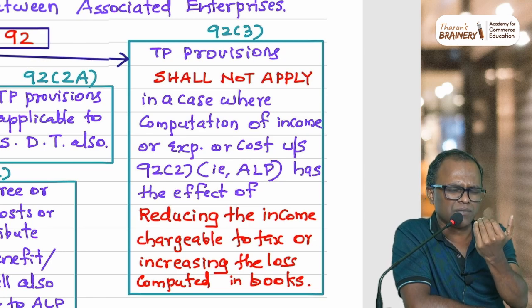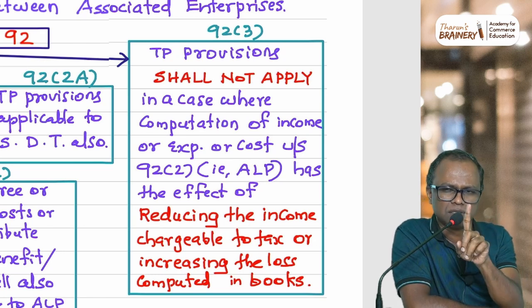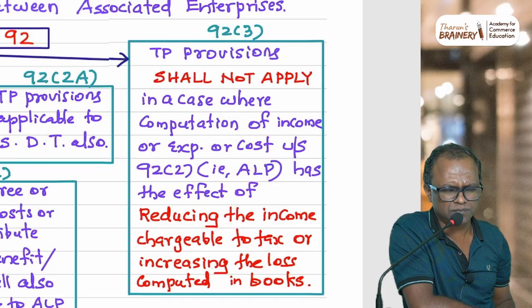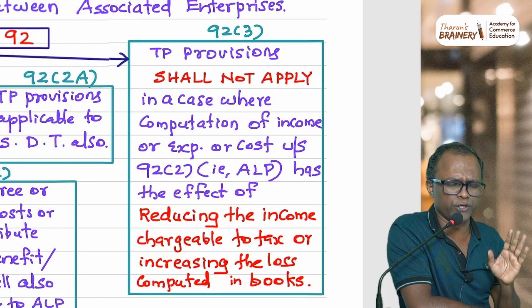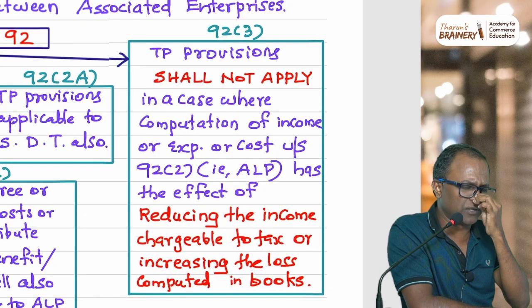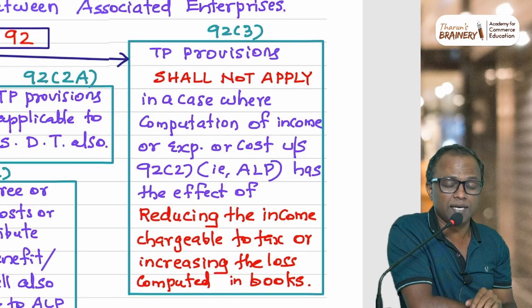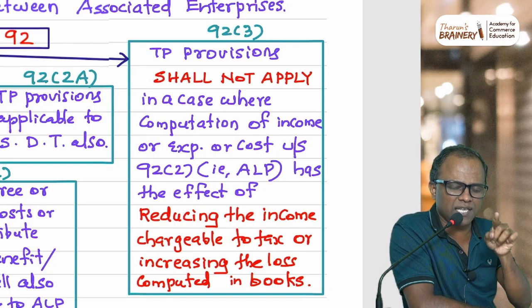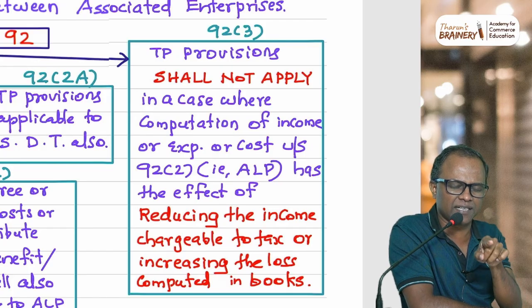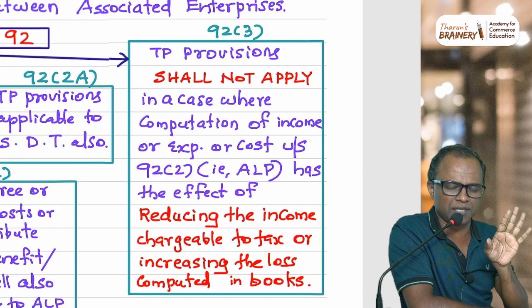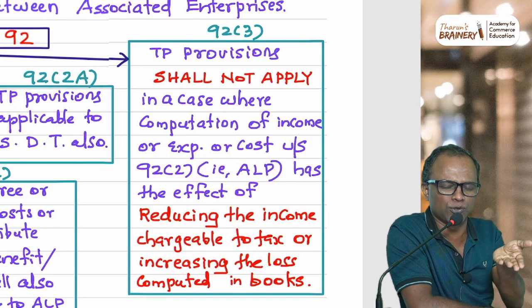So receipt of income below arm's length price, transfer pricing provision will be applicable. Arm's length sales, 10 lakhs rupees per unit, but you are selling it to associate enterprise or related party for 9 lakhs. So arm's length sales should be 10 lakhs, but you are declaring income sales only 9 lakhs or 8 lakhs. So transfer pricing provision is applicable. That difference will be added to your net profit.